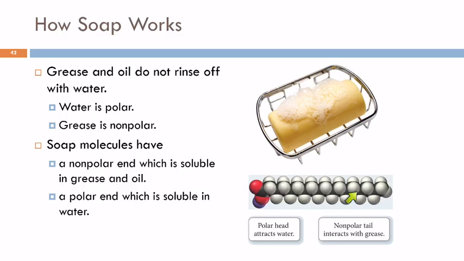So what happens is the nonpolar tail gets into the grease, and the polar head sticks out. And so they make what are called micelles. You've got your little glob of grease here. Let's do a different color for the soap. The nonpolar tails of the soap will stick into the grease.